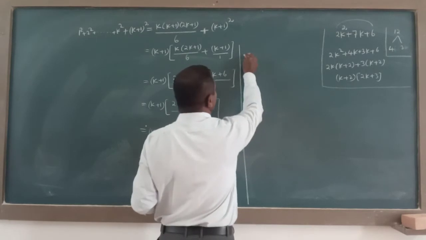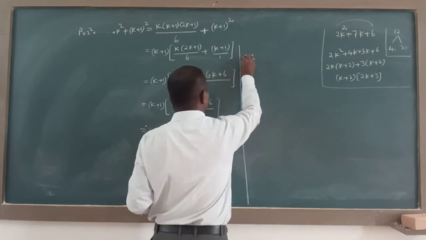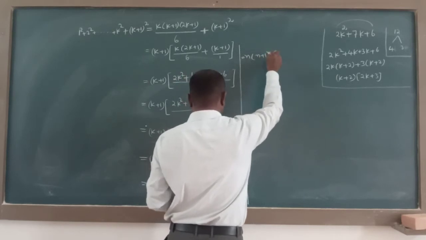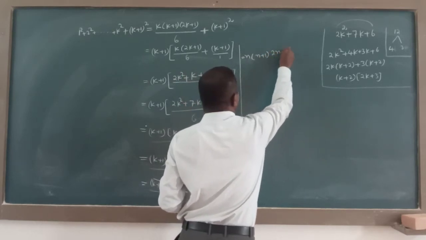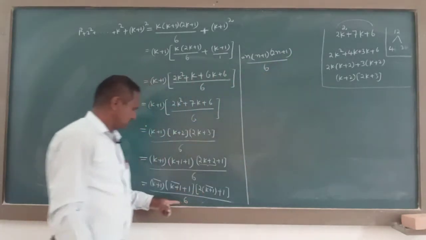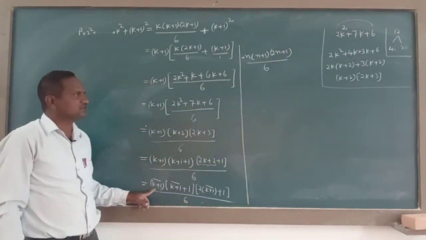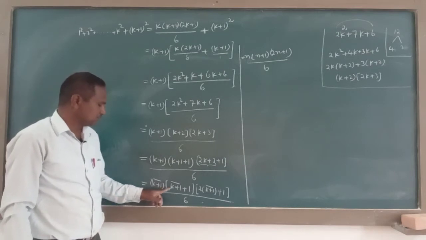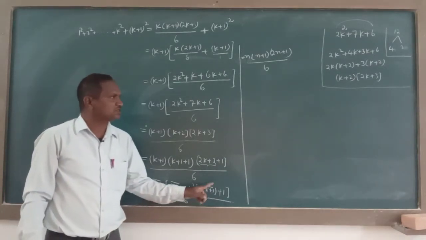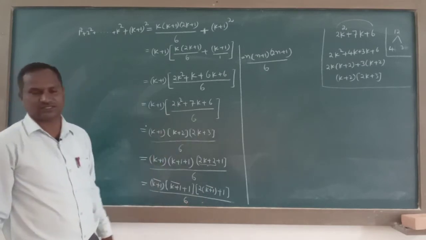N into n plus 1 into 2n plus 1, whole divided by 6. See here, in place of k plus 1 I substituted n, that is n into n plus 1 into 2n plus 1, whole divided by 6.